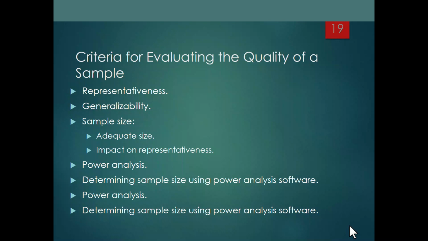So when you're evaluating the quality of a sample, you want to look at the representativeness. The representativeness of a sample is a measure of its quality. Generalizability means that a sample should allow the study results to be generalized to the population. Sample size should be adequate to produce valid results.